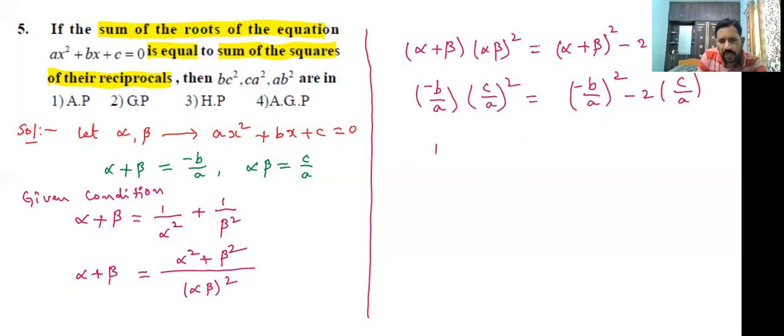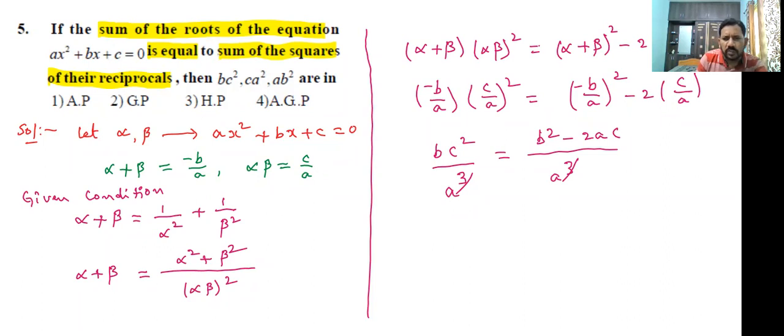Now here numerator we get bc square divided by a cube, that's equal to, here is LCM a cube only. Here we get b square minus 2ac. A cube cancel. Next step. Minus 2ac.